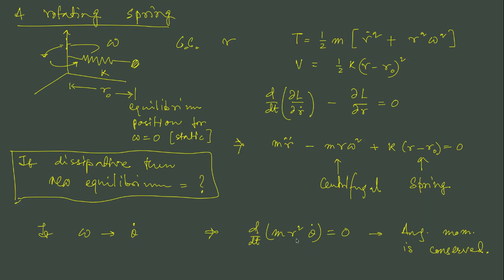This is the meaning of this equation. Now what does it mean? It means if the distance r increases, then theta dot must decrease, the speed will be slower, or when r is smaller, the mass comes in, then theta dot should go up.